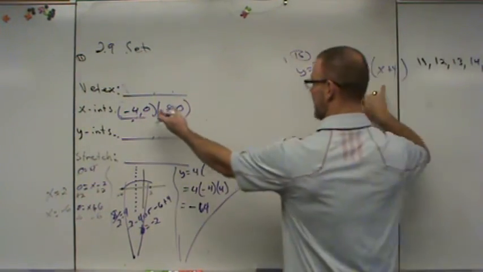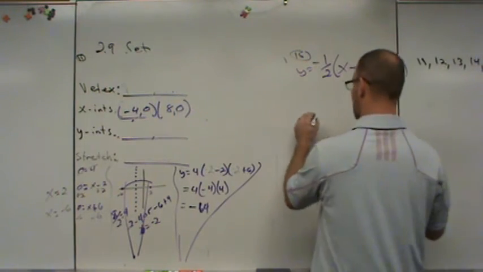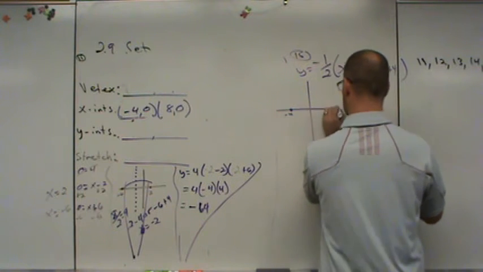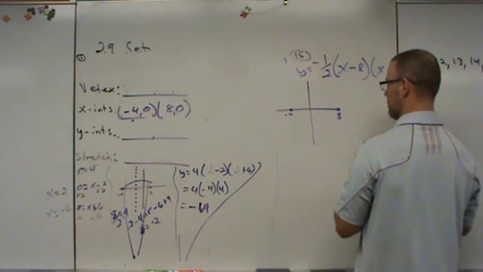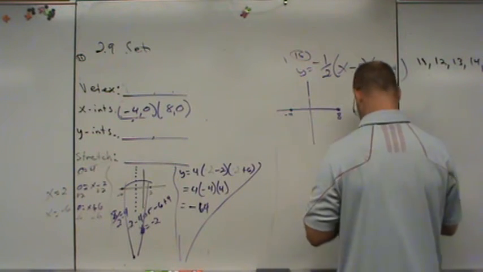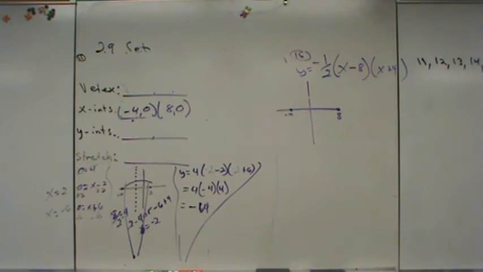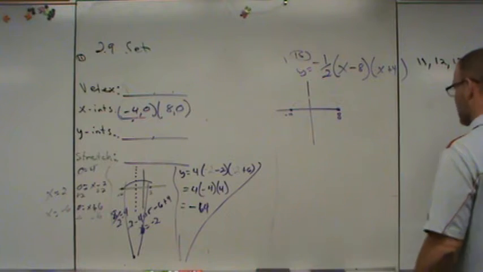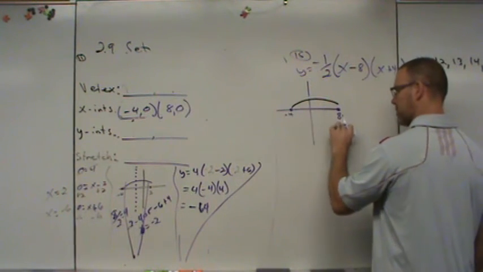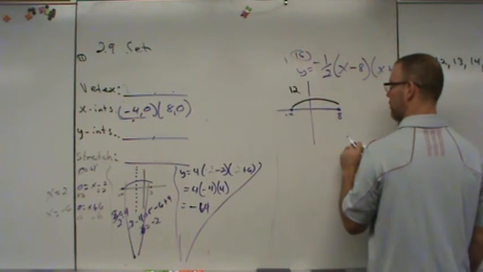All right, so there are my x-intercepts. Draw yourself a little graph. Negative 4, positive 8. Think, what's this total distance? 8 to 4, 12.